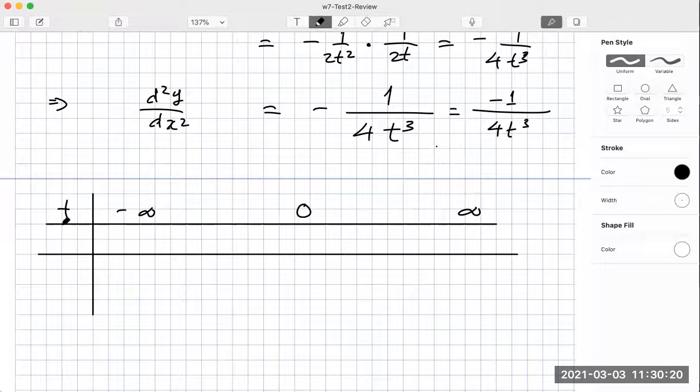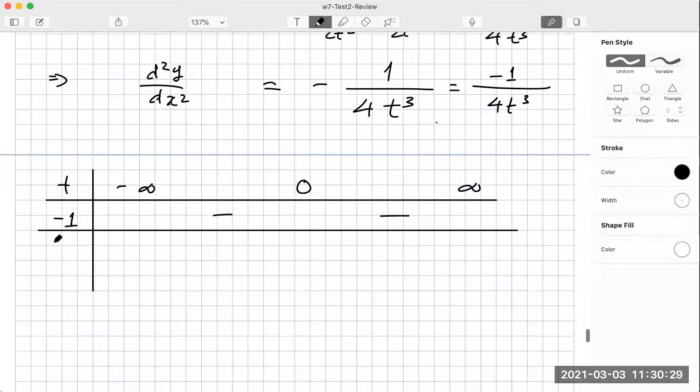It's the same things. Here, the number negative 1 is always negative, so it is always negative. And here for t cubed, right? It has the solution here at 0. For t cubed will be 0.